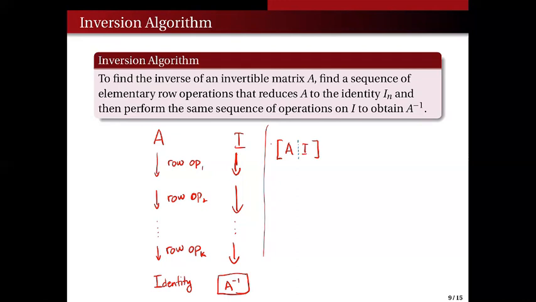So if you apply the row operations here, you will end up with the identity matrix on the left part. On the other side, what you will get is the inverse.